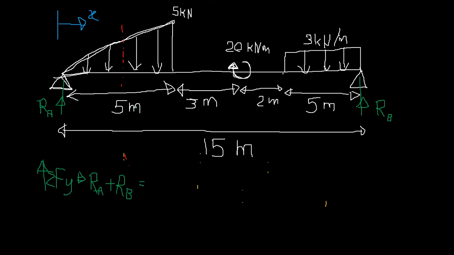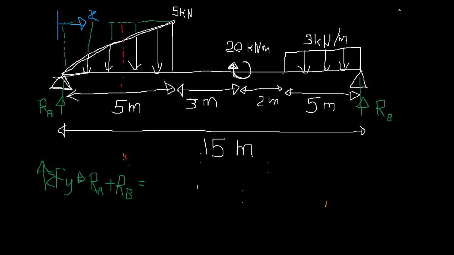So I will explain that later again. So the total load is the area of the triangle, right? How much load you actually have. If you cannot identify, just make a rectangle from this. So that's going to be 5 kilonewton load per 5 meters.